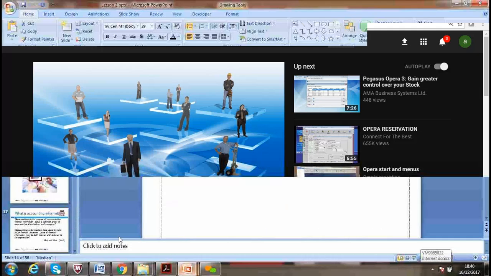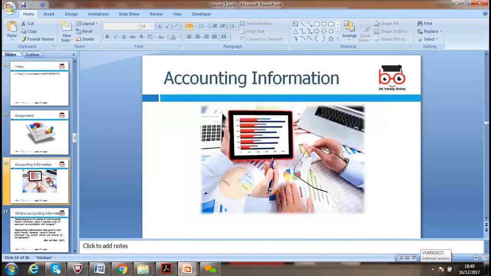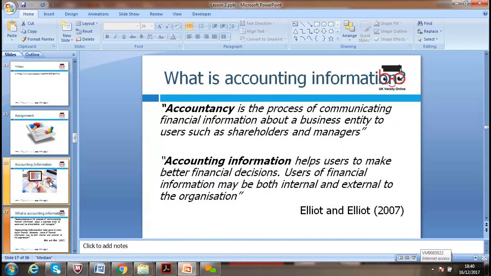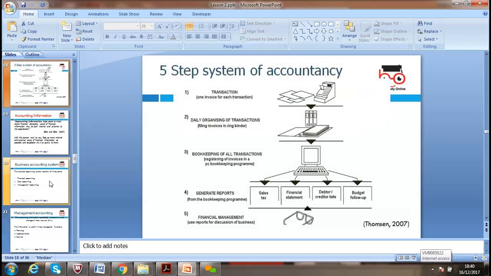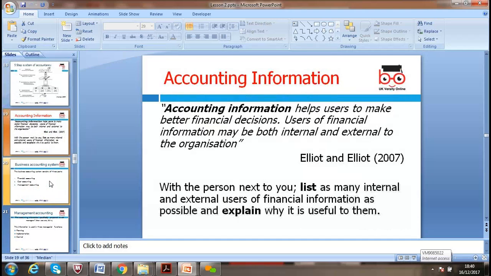The learning outcome is really to meet this, so it provides accounting information as well. Accounting, as we discussed, is the process of communicating financial information about an entity. It is a five-step accounting transaction that records daily and we can share by using the software.